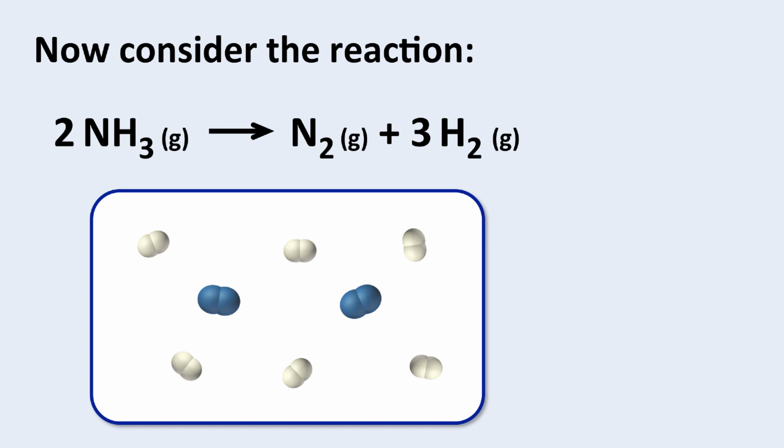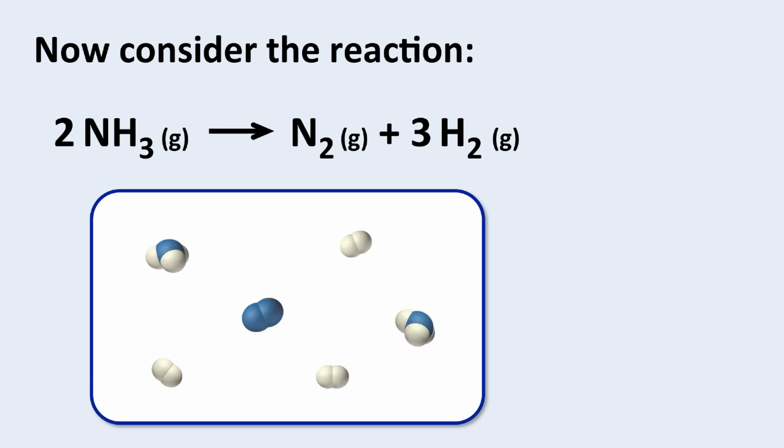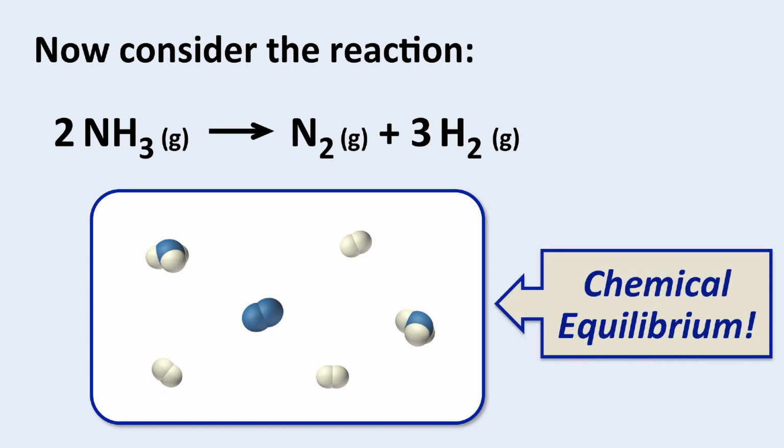And conceivably it could go 100% to make nitrogen and hydrogen, but in reality, in most situations, it will do so partially. Some ammonia will be made, but some nitrogen and hydrogen will remain. And once again, if we have a closed container at constant temperature, we'll eventually reach chemical equilibrium.